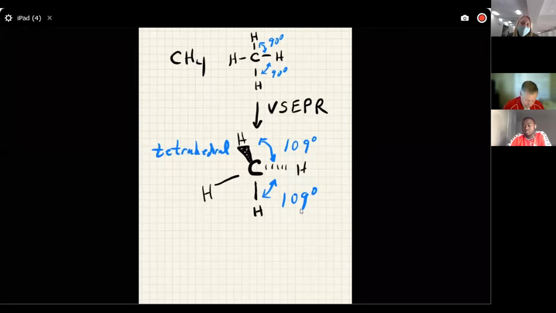So something like molecular hydrogen, H2, there's no difference in the electronegativity in that molecule, so there's no polarity. Now, in methane, there is a slight difference between the electronegativity of a carbon atom and that of a hydrogen.